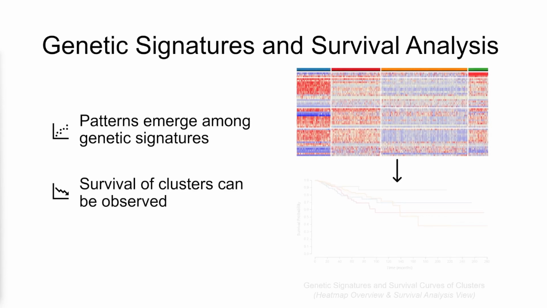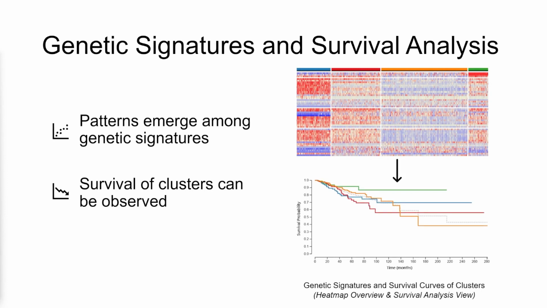In addition to the heat map overview and hierarchical overview, the survival analysis view is also updated with each partition. This view performs Kaplan-Meier analysis on each of the clusters to produce survival curves, which reveal the prognosis of different diseases as they relate to the clusters. A baseline curve is also given to represent the entire dataset without any clustering.